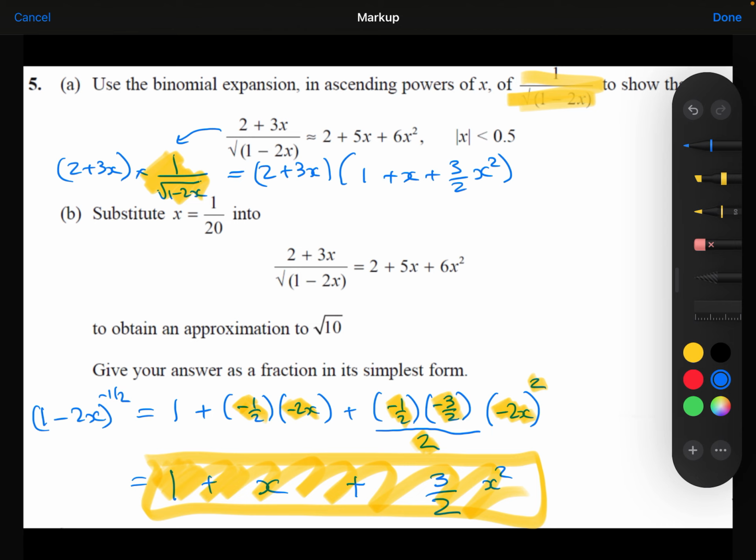Right, so all I need to do now is expand this out. We've got 2 times 1 is 2, we've then got 2 times x, and then 2 times 3 over 2 x squared.